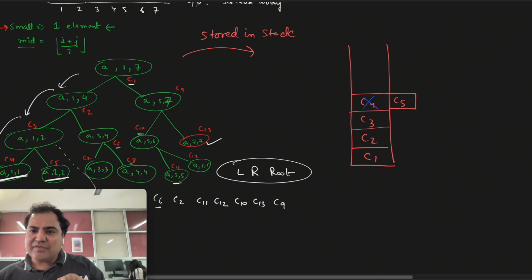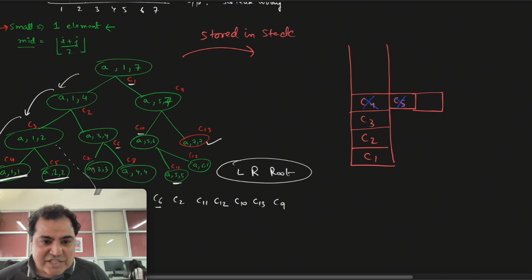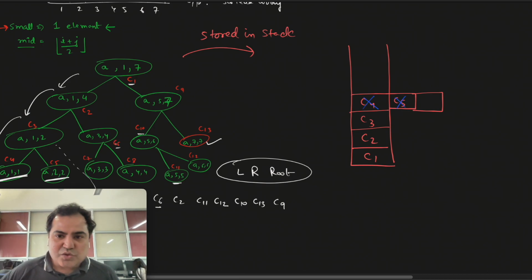Since it also has only one element, it gets evaluated as soon as it enters the stack, because one element is already sorted. So both the children are evaluated.